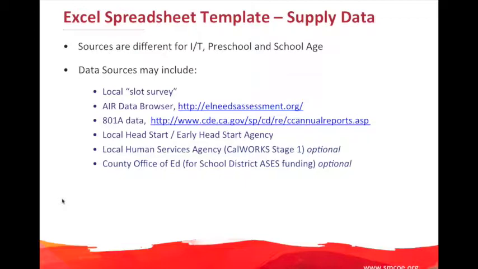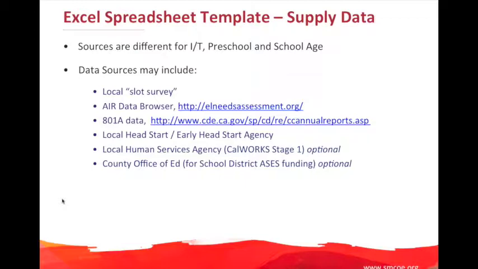But there are some things that CDE doesn't capture, and one of those is your Head Start and Early Head Start data. As you noticed, if I was doing a slot survey, I would have that information. If you're not doing a slot survey, you would need to ask your local Head Start agency to provide it.